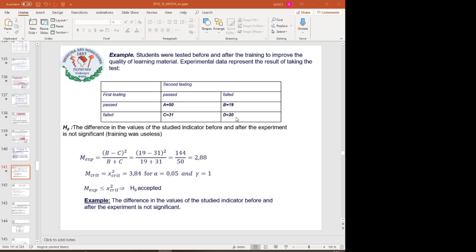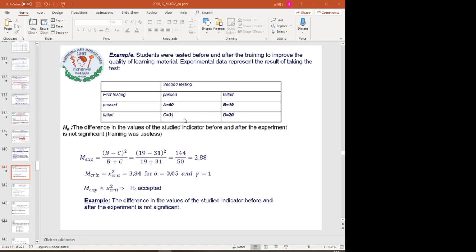We should apply the McNemar test to differentiate students who decreased their success on this subject from students who increased.